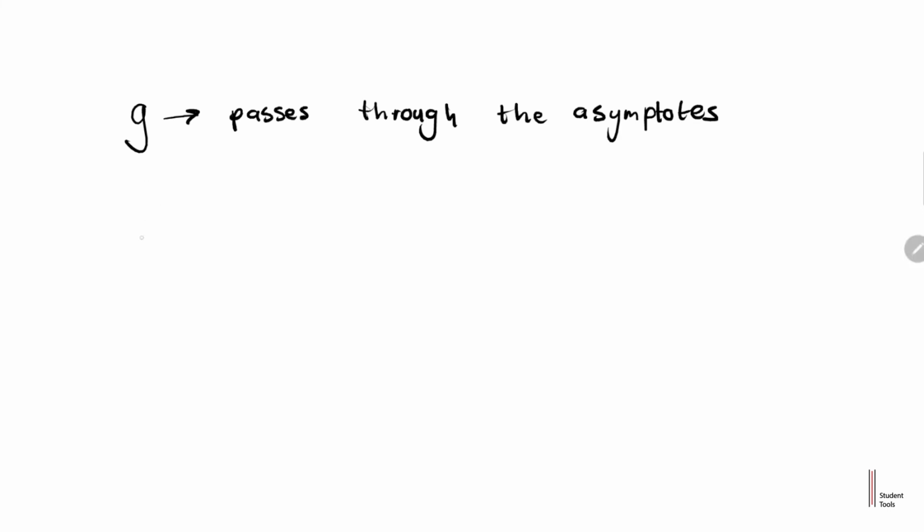So what are the asymptotes of F? We have the horizontal and the vertical asymptote. So what are those two asymptotes? Okay, so for the horizontal, we have y equal to 3. And for the vertical one, we have x equal to 0. So when we say this G will pass through the asymptotes, we mean that it will pass through this coordinate 0, 3.